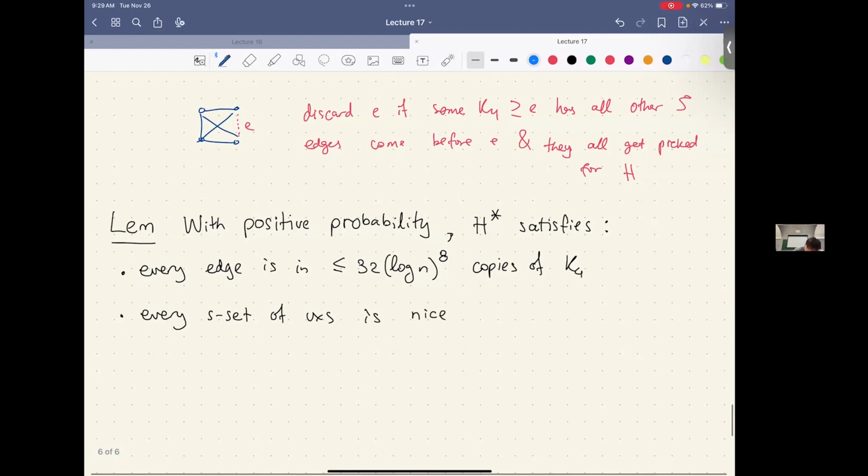So what does nice mean? It just means that S spans a lot of edge-disjoint triangles.